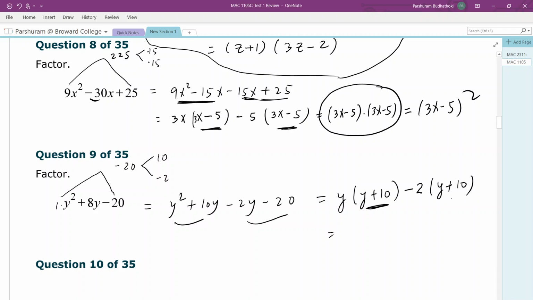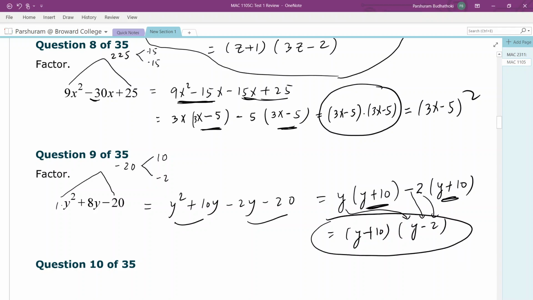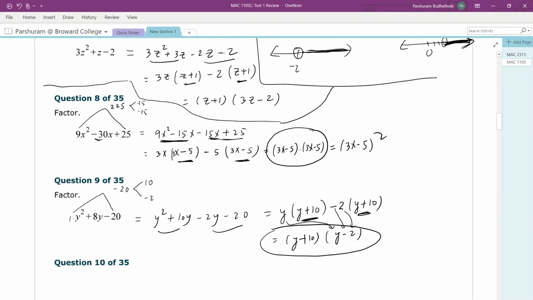So there is y plus 10 common, so I can factor out y plus 10, and the leftover is y from here and negative 2 from here. So the final factor is y plus 10 times y minus 2. That's the final factor for problem 9.